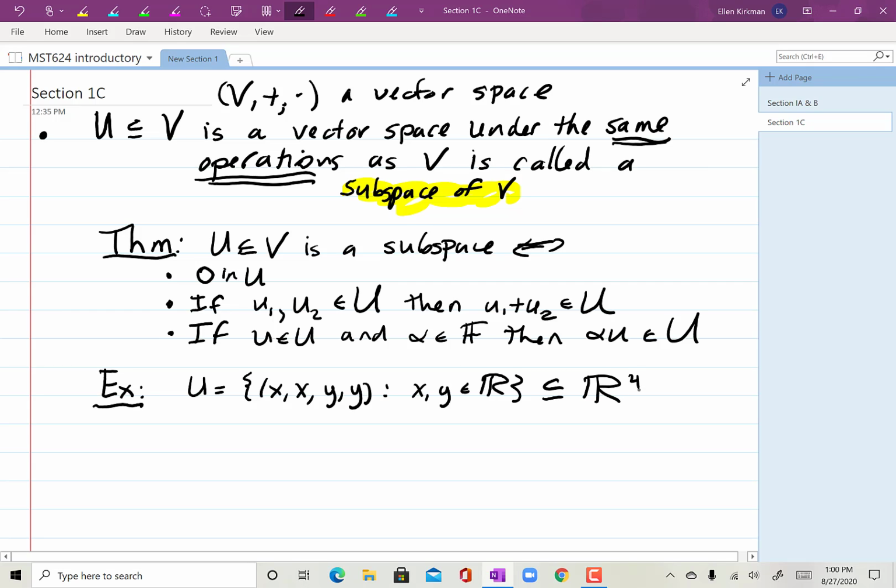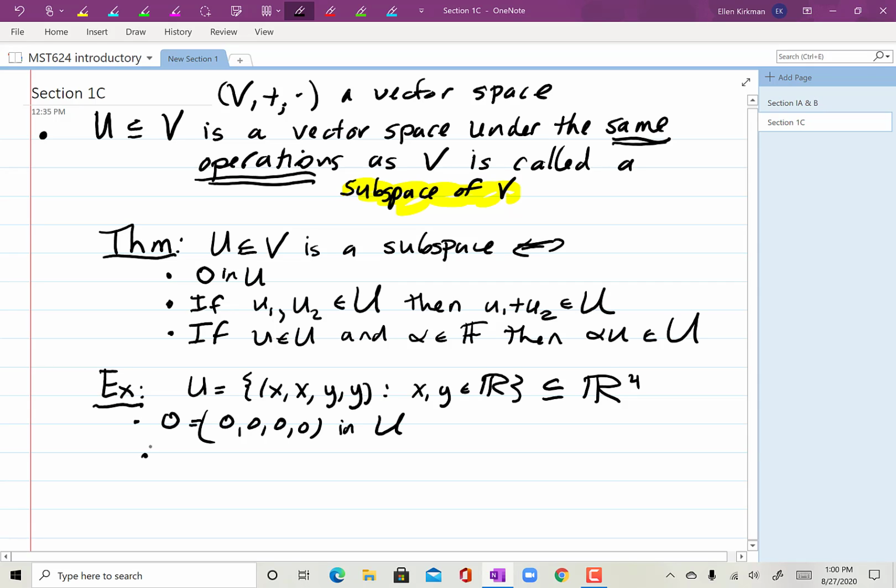Okay, so that's a subset of R4, and you can add vectors in U just like you could in R4, but I want to make sure, first of all, the zero vector is in there. The zero vector is all zeros, and that's of this form. This is saying that the first two coordinates are the same and the second two coordinates are the same. And in fact, it has that form, so this is in U because it's of the right form.